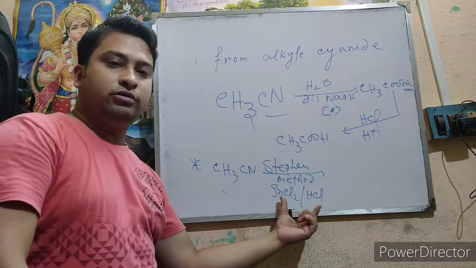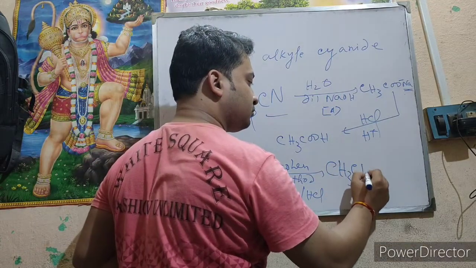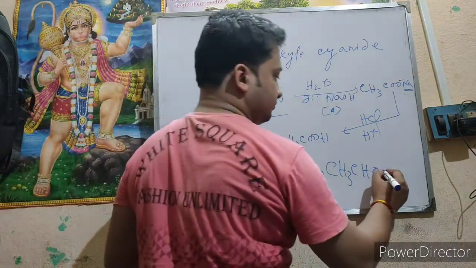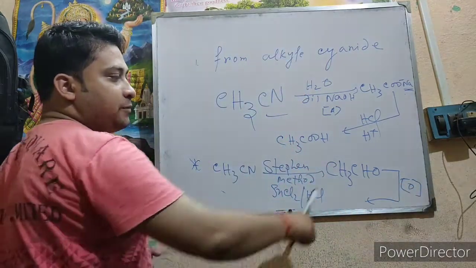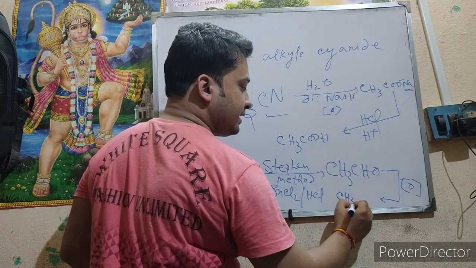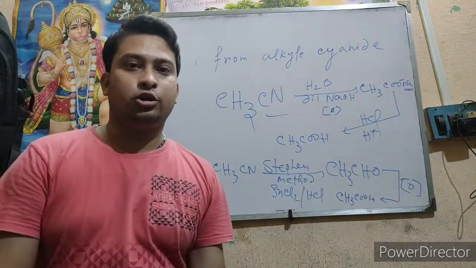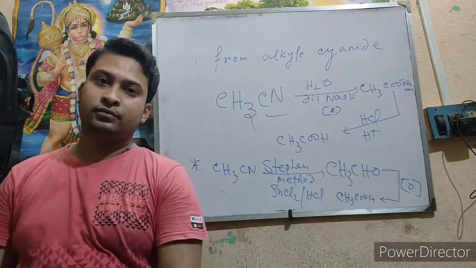Stephen method, you use SnCl2 and HCl, you get CH3CHO. So you can prepare CH3CHO, then oxidize it. If you oxidize it, you get CH3COOH. This is also a good method to prepare acid from cyanide.